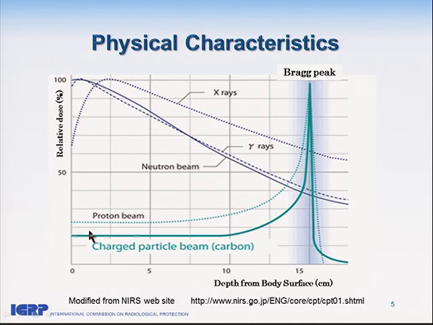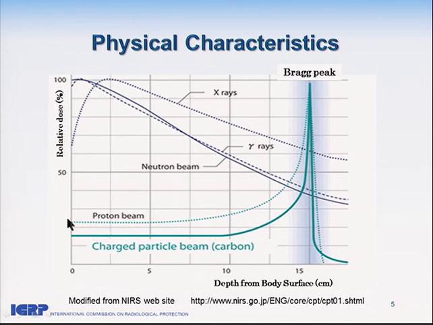If the patient has a tumor situated deeply inside the body, there is a problem with X-ray or gamma ray irradiation, because to give a high dose to the tumor, we cause big effects in the surface tissues. Compared with these X-rays and gamma rays, both proton and carbon ion beams have different characteristics.